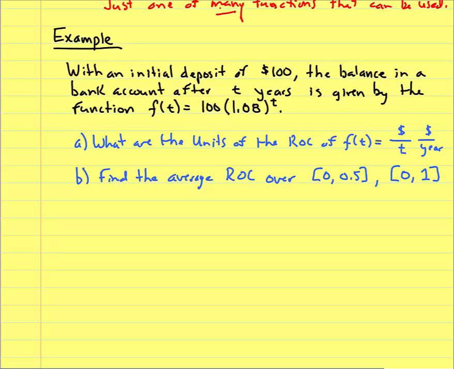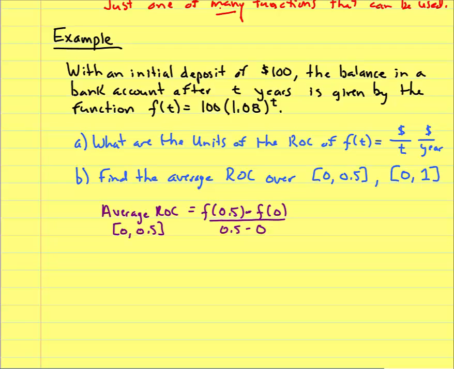So let's go ahead and look at our first example. So our average rate of change, let's do 0 to 0.5. And again, these are my values for t. This is going to be equal to my function at 0.5 minus my function at 0 all over 0.5 minus 0.